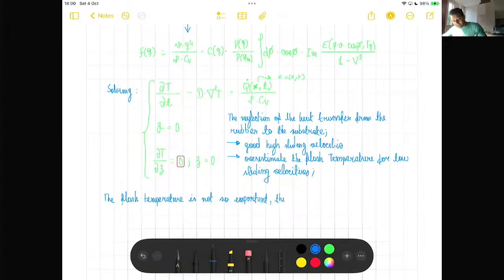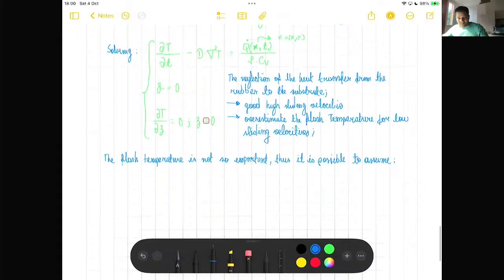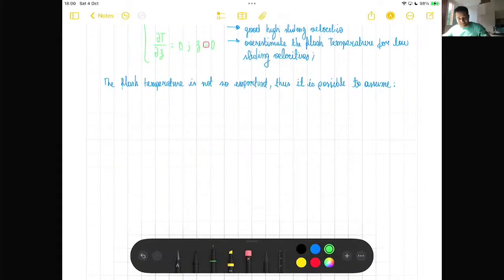Thus, it is possible to assume, and then we write the partial derivative of the temperature by ζ, the vertical direction, when z equals 0, so in other words, at the surface it will be 0.